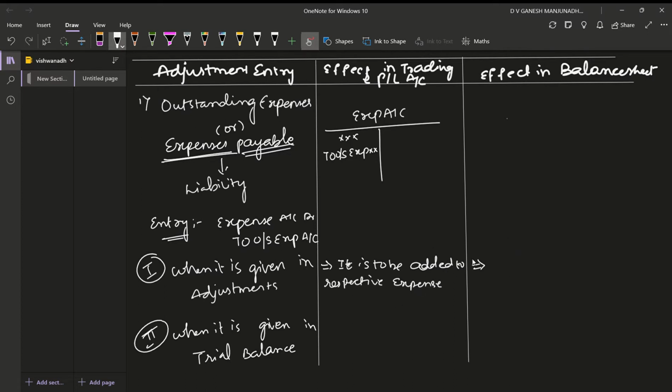Then what we should see: I already discussed that this is the nature of a liability. As it is a liability, it is to be shown as a current liability under the balance sheet.